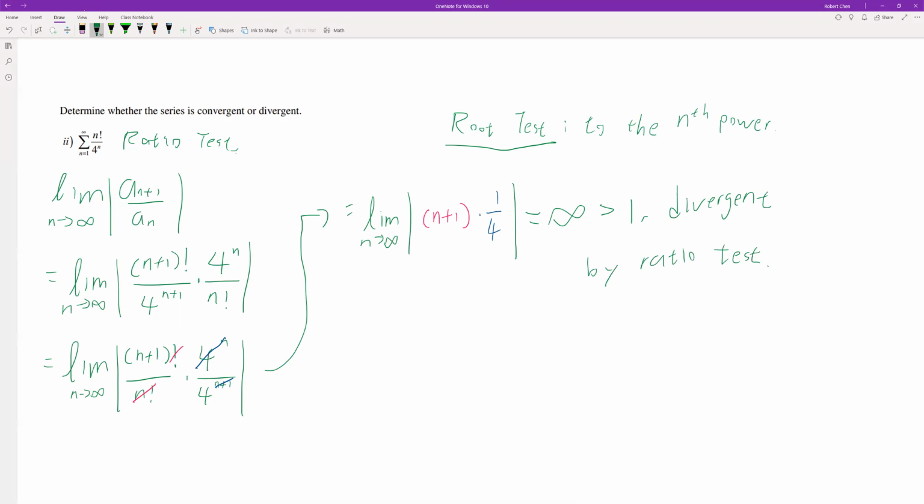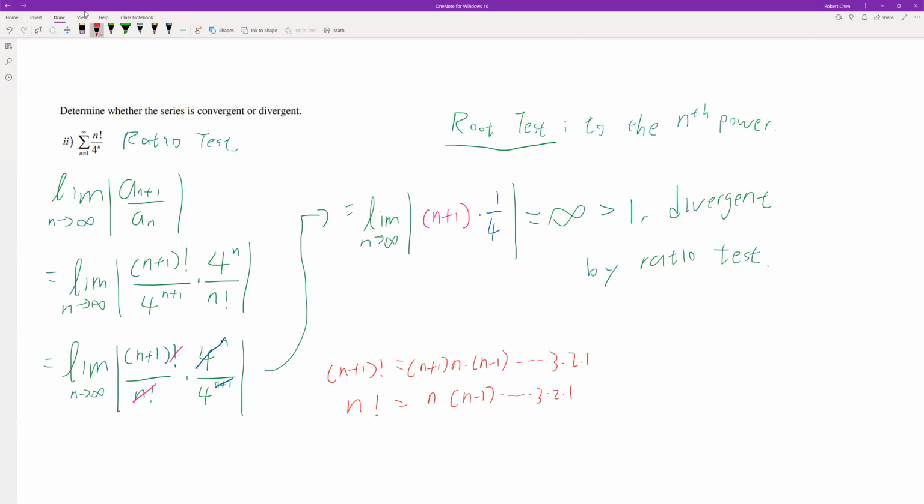I actually want to go back and clarify a few things about (n plus 1) factorial and n factorial. (n plus 1) factorial looks like (n plus 1) times n times (n minus 1), down to 3 times 2 times 1, and n factorial is n times (n minus 1), down to 3 times 2 times 1.